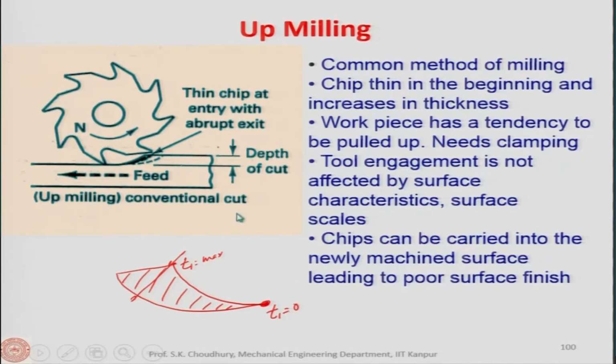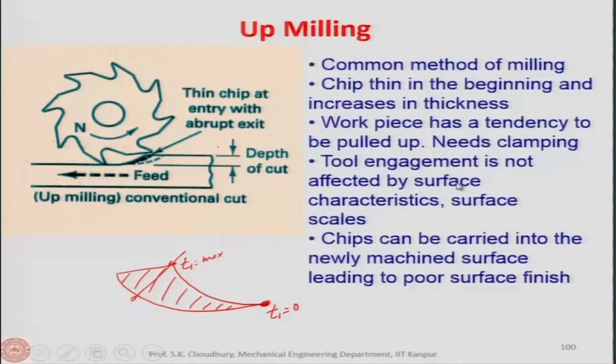And the tool engagement is not affected by surface characteristics or the surface scales. Scales means the hard particles, for example after a metal forming process. You will see there is a black layer, and that black layer is strain hardened and it is a very hard material.